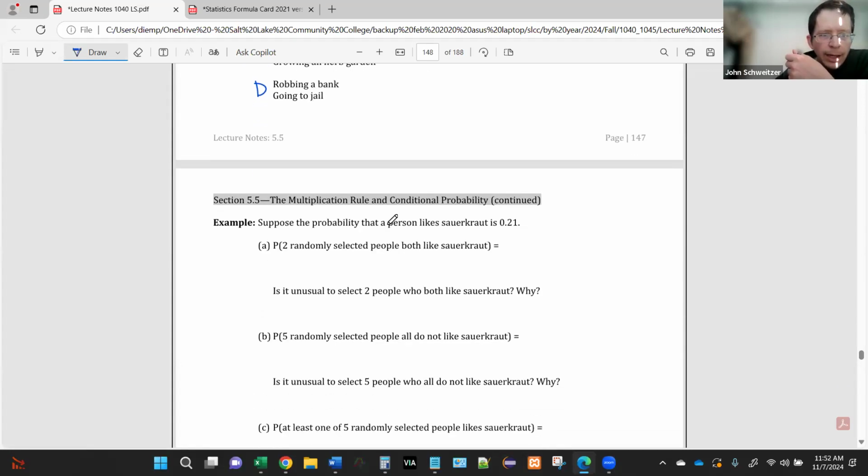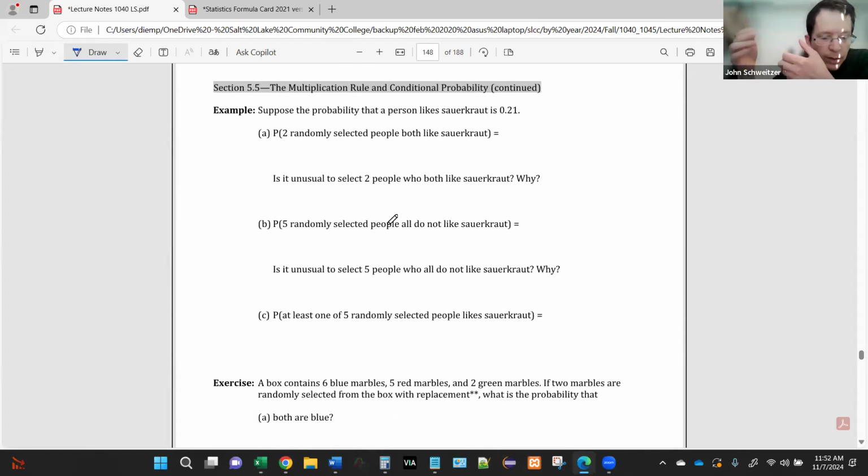And so depending on if it's dependent or independent, the formula will be more or less complicated. So let's do some calculations with this rule. This is pure probability, but the reason we're talking about probability is so we can understand samples better.